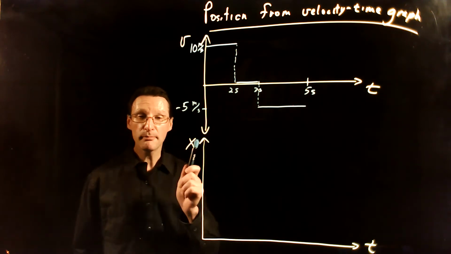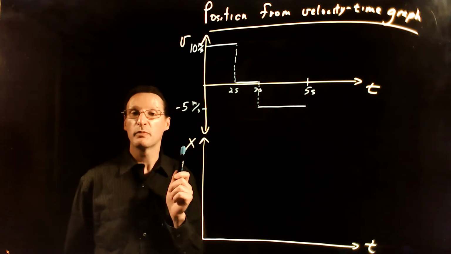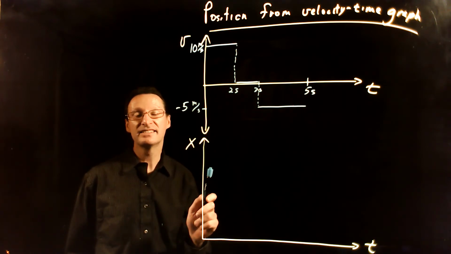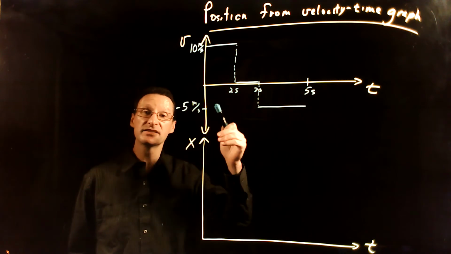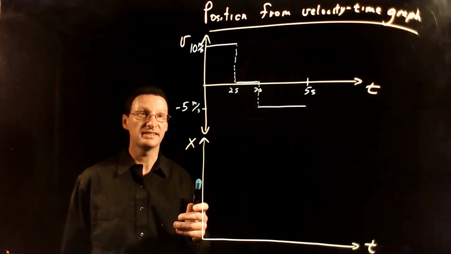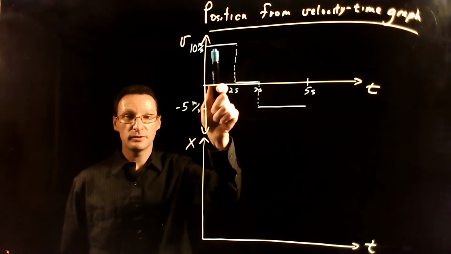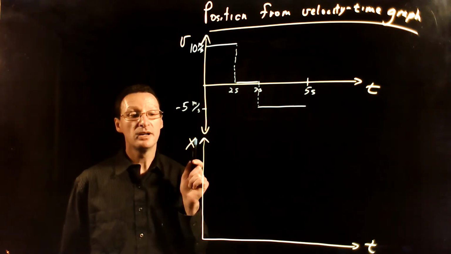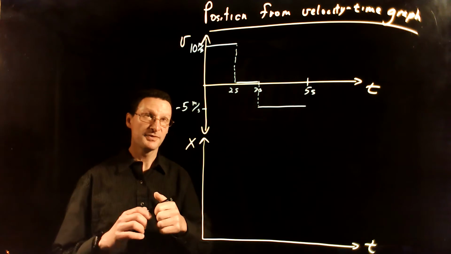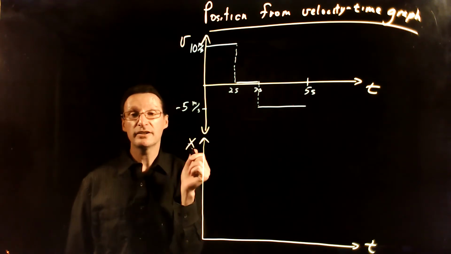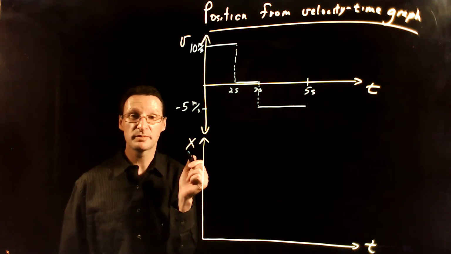Now remember our mantra that we want to remind ourselves when we're working with these graphs. That is, the value in one place is going to be the slope in the other place. In this case, the value of the velocity time graph is the slope of the position time graph. So let's start with the value here: a positive 10 meters per second.